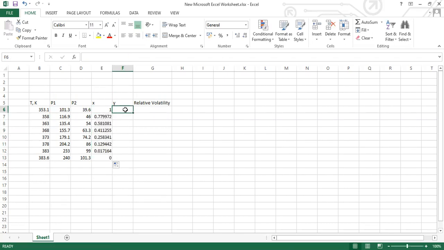Now, how to calculate Y? Y is equal to X multiplied by P1 saturation divided by the total pressure, 101.3 kilopascal.